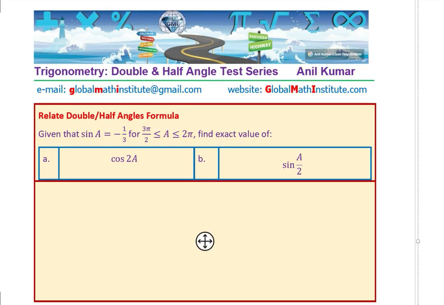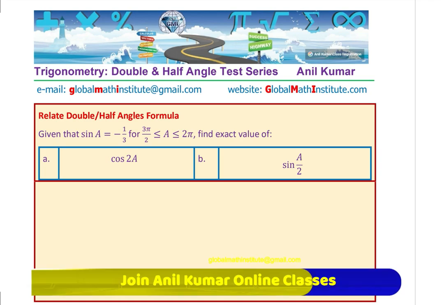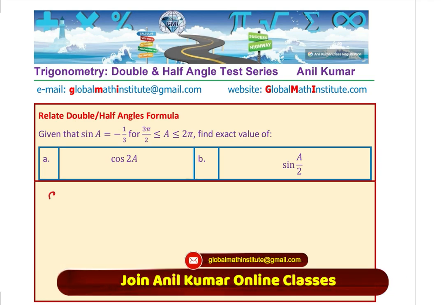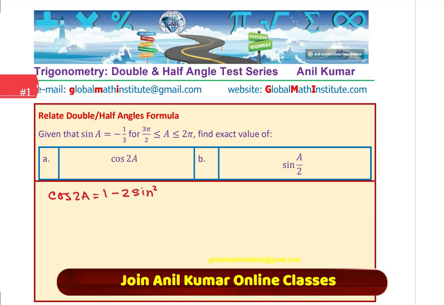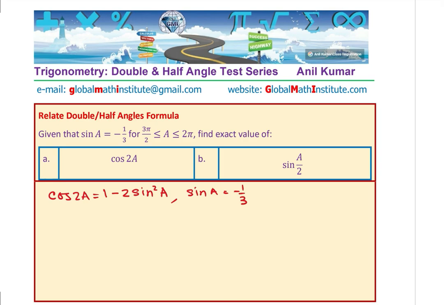Now, let us look into the specific solution. We have cos 2a to figure out. Cos 2a we can find directly from sine a using the formula 1 minus 2 sine square a. Since we are given that sine a is equal to minus 1 over 3, also we are in quadrant 4, right?